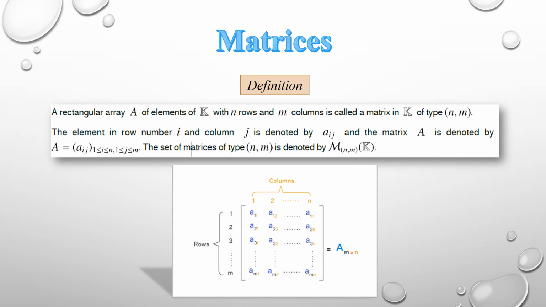If we take an element Aij from a matrix, then this element is located at the intersection of the row i and the column j. The first index always indicates the row number, and the second index indicates the column number. For example, if we take the element A32, this element is found at the intersection of the third row and the second column.